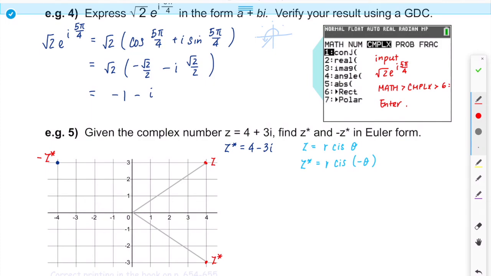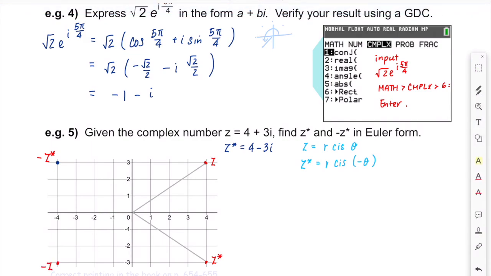And let's complete the chart by also, I know the question didn't ask for it, negative z, which would be negative 4 minus 3i right there. Let's connect. Notice how z and negative z are basically 180 degrees, or pi radians, apart from each other.